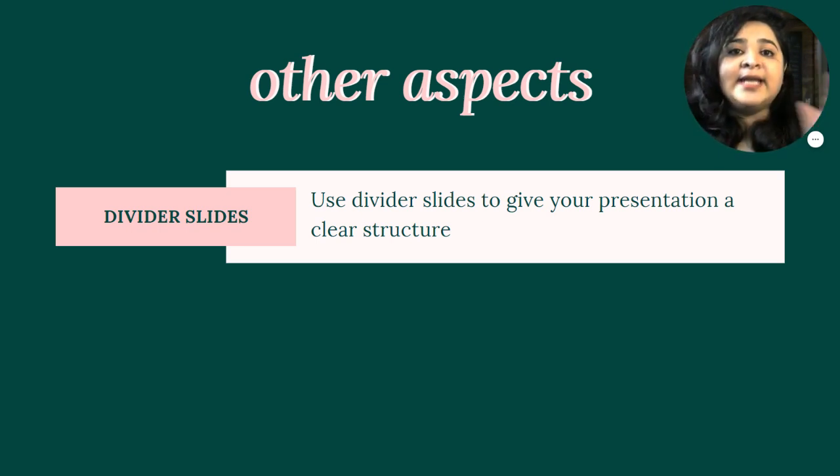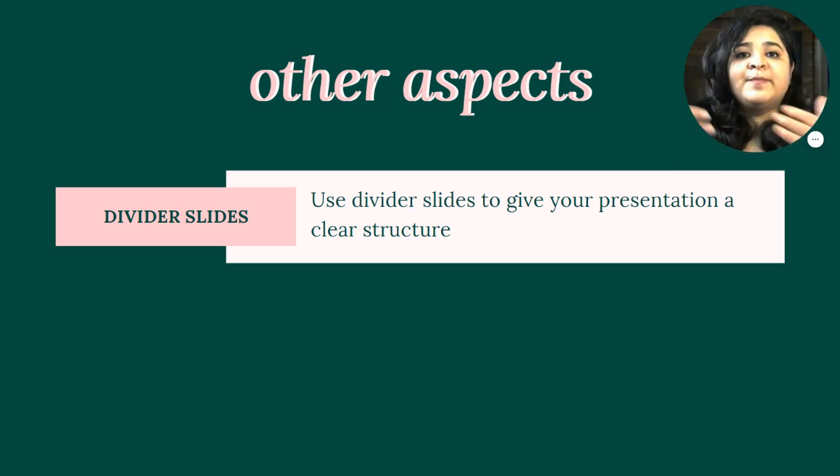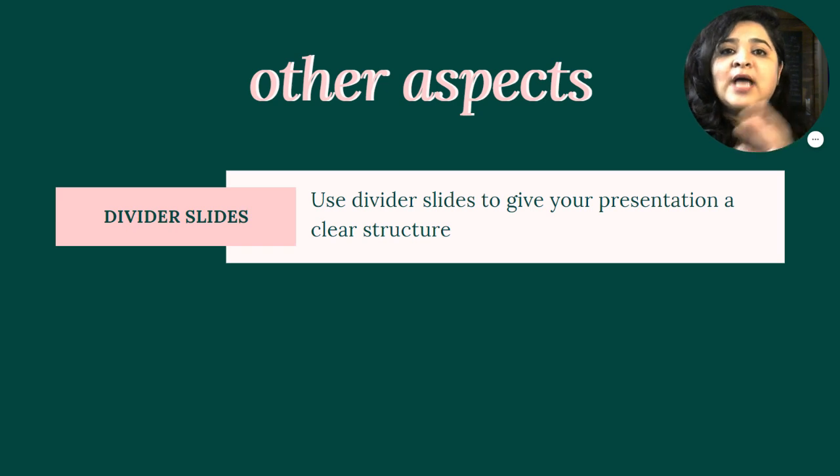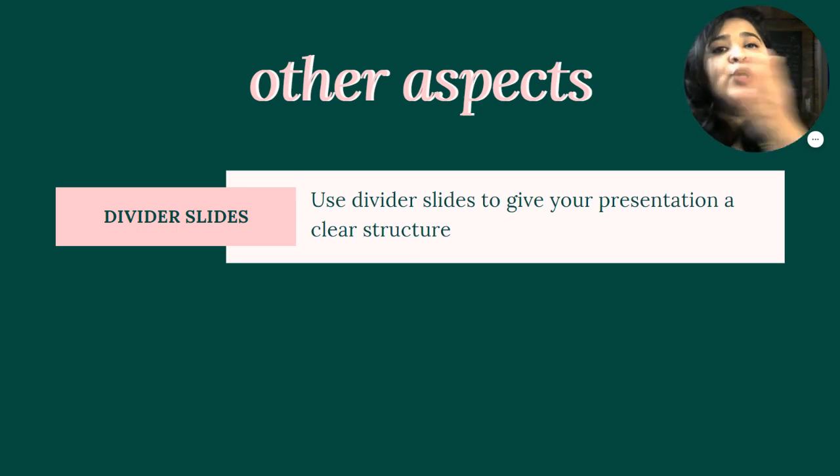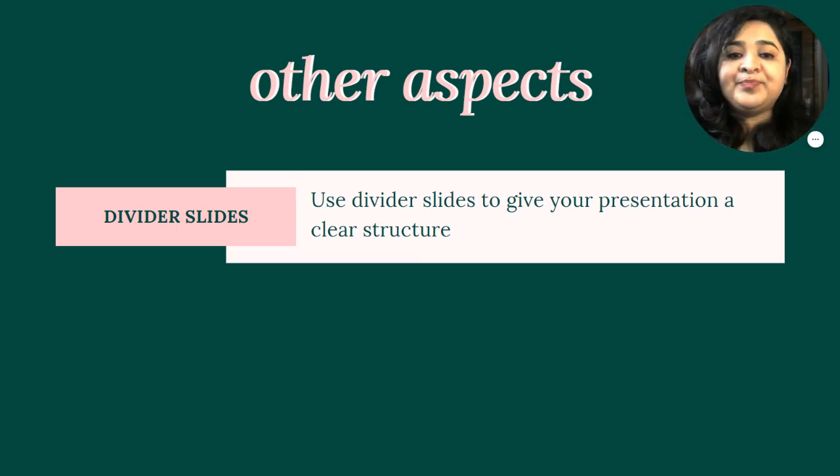A divider slide is maybe a plain slide with just the title of the section, so people can differentiate one section of your presentation from the next. This is extremely useful when your presentations are a little longer, anywhere more than 10-15 minutes. It's ideally best to have divider slides to tell people about the demarcation from one part to the other.